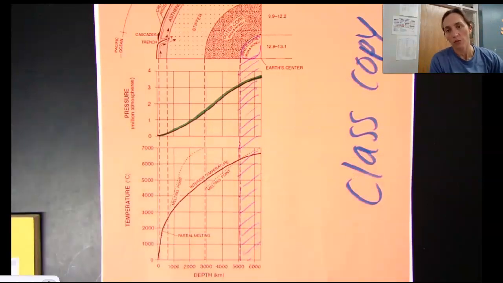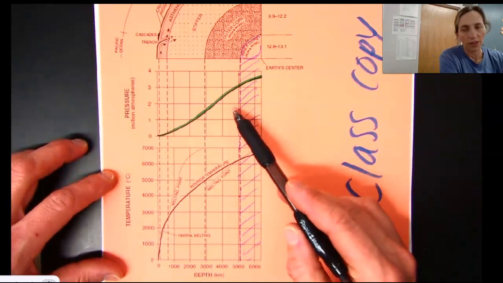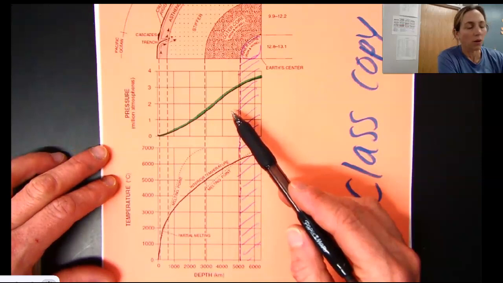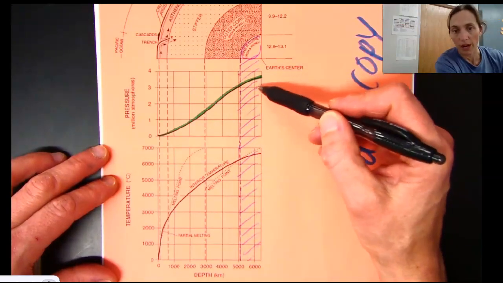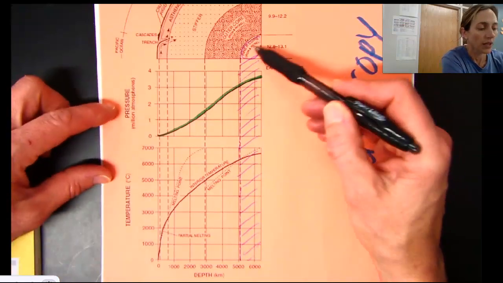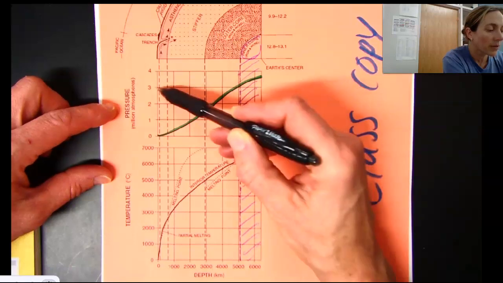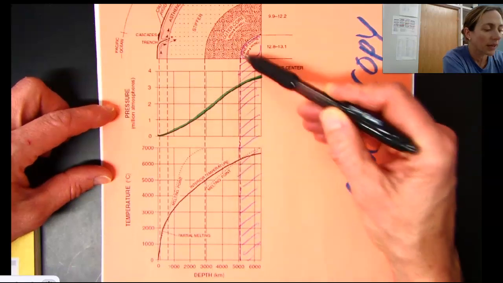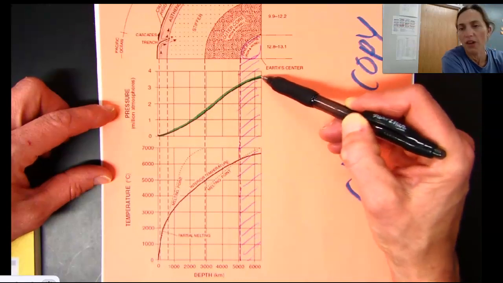So if you want to draw on these class copies to make things pop out better for you, kind of like what I'm doing up here, that's okay. I think it will help everybody. So the pressure range for the inner core is about 3. Let's come over here. There's my line for 3 within this zone. 3 to about maybe like 3.7.